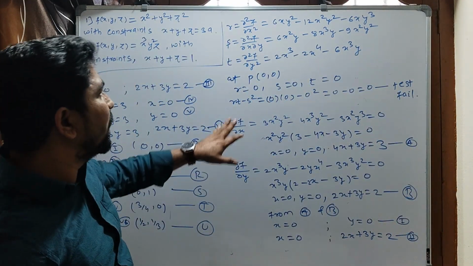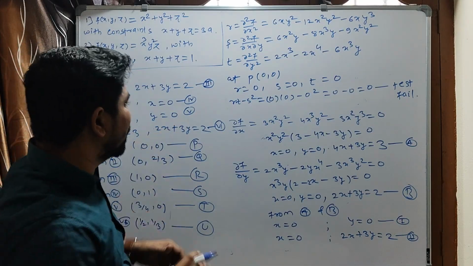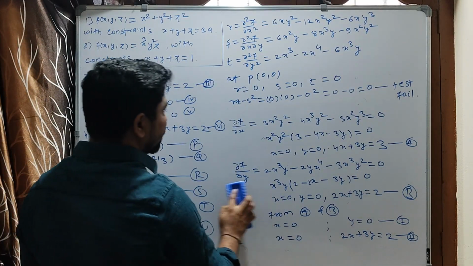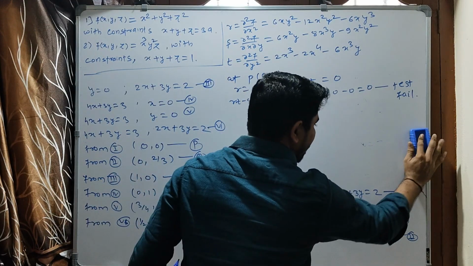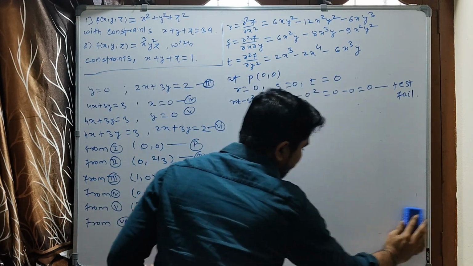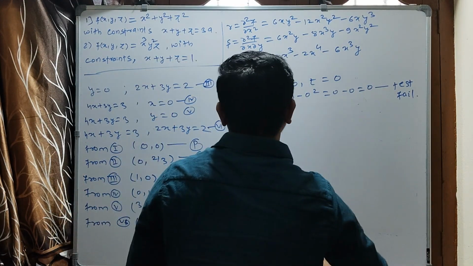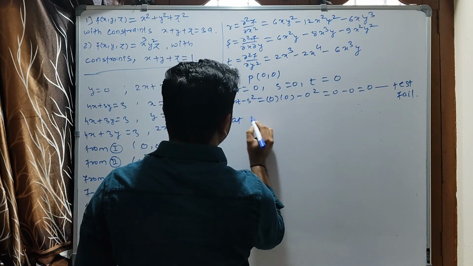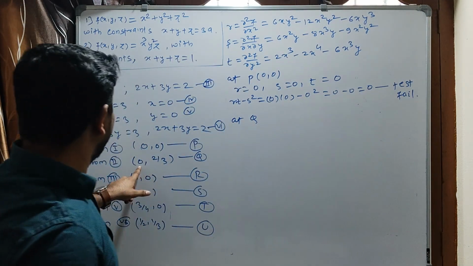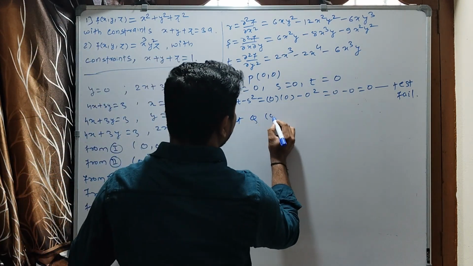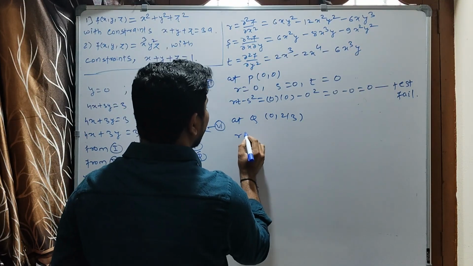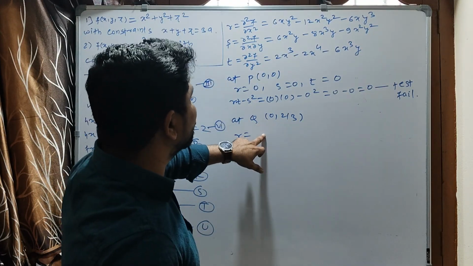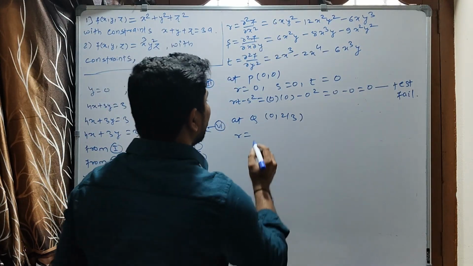Now I want to find the nature at Q, which is 0 comma 2/3. Find r, s, t. Put x equal to 0 and y equal to 2/3.